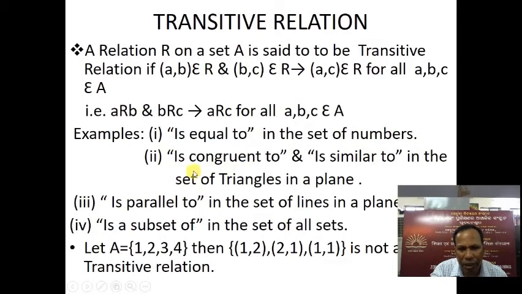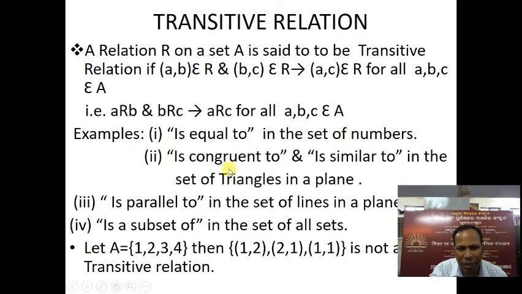Similarly, the relation is congruent to in the set of triangles in a plane. If I say triangle T1 is congruent to triangle T2 and triangle T2 is congruent to triangle T3, we find that triangle T1 is congruent to triangle T3. So T1 and T2 are related to each other by the relation is congruent to. T2 and T3 are related to each other by the relation is congruent to.